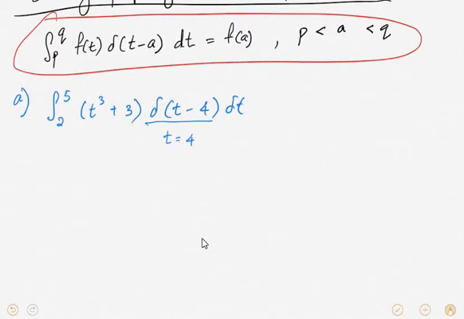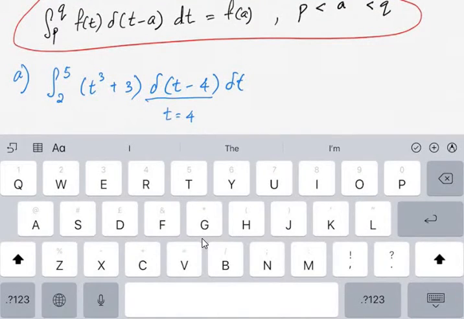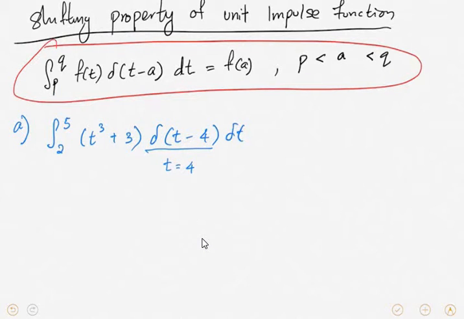We check whether the a here falls in between p and q. So t equal to 4 is in between 2 and 5.